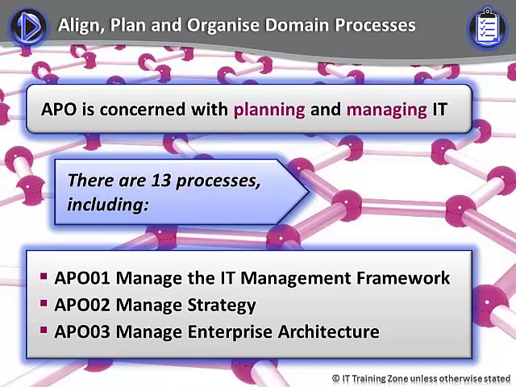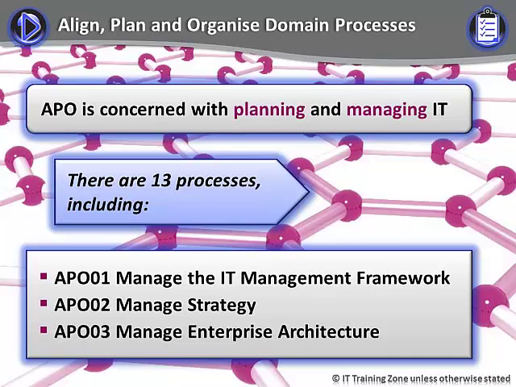The APO domain is concerned broadly with planning and managing IT. It includes 13 processes, including APO01 Manage the IT Management Framework. This process is concerned directly with ensuring proper governance of IT within the wider enterprise governance framework.